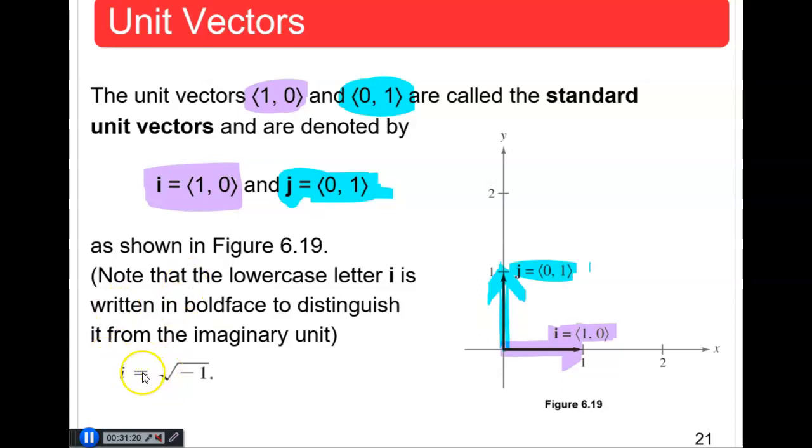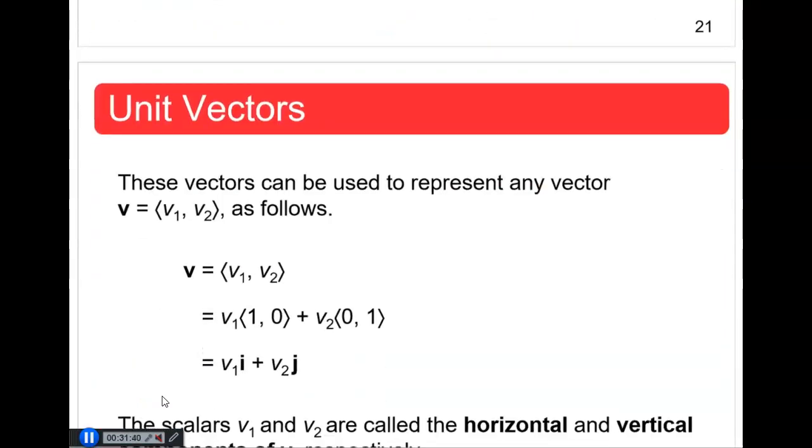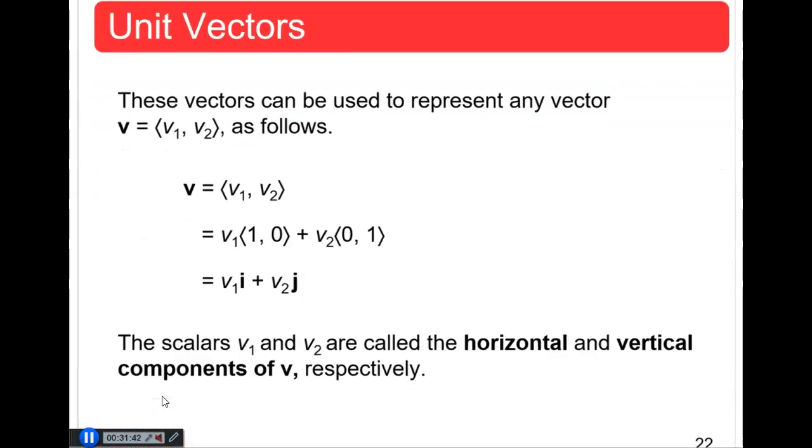And here is the note. Just remember that we are not using the italicized i, like the curvy i. We are using boldface i to indicate that it's a vector, in this case a unit vector, and the standard unit vector, and not the imaginary unit. So with the unit vectors, remember we said that vector i was 1, 0, and vector j was 0, 1.